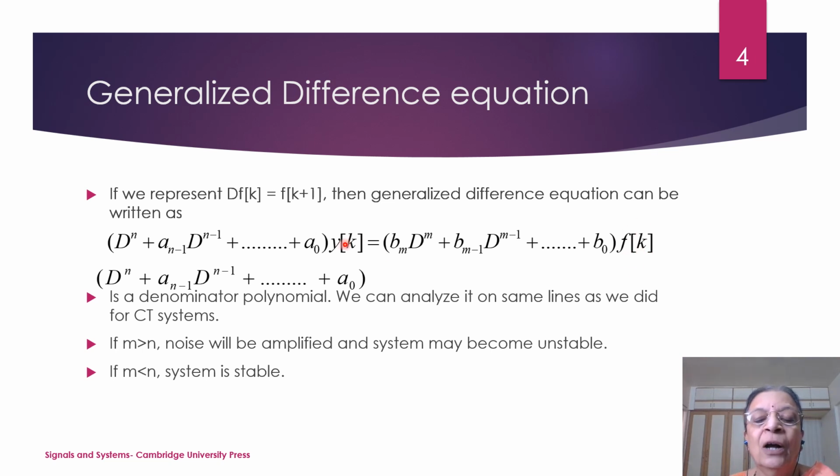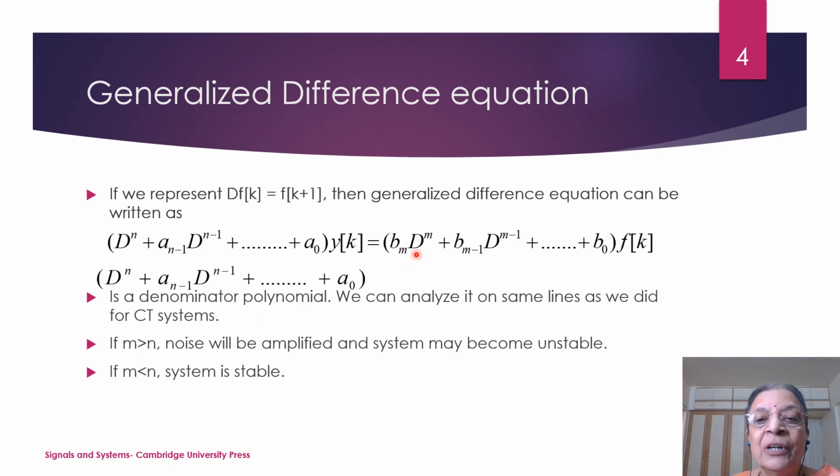So if I write down y[k] divided by f[k], this will be the numerator polynomial and this will be the denominator polynomial. So this denominator polynomial we can analyze and then we can find out what are the roots of this particular polynomial. These roots are nothing but the eigenfunctions.